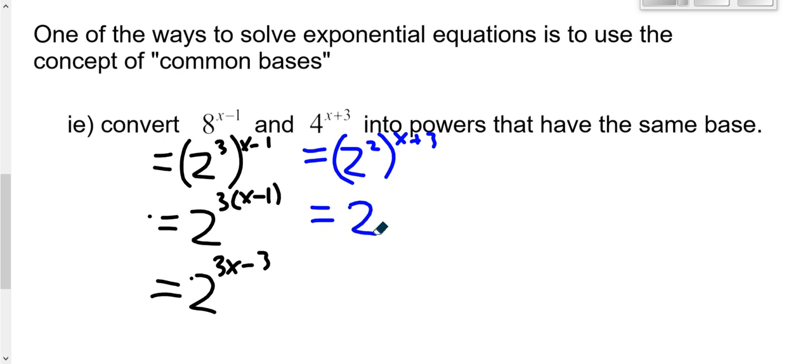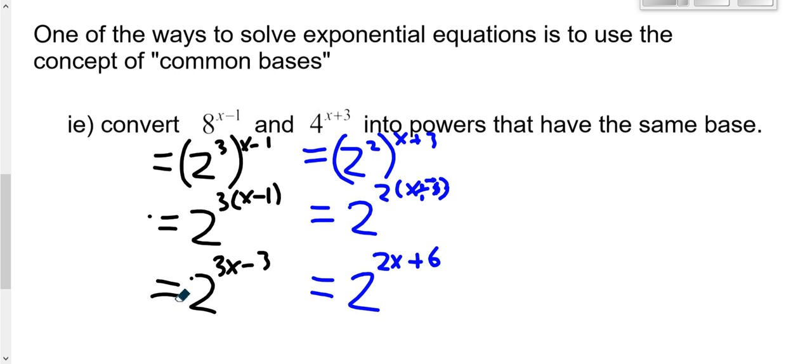So 2 raised to the power of 2 times x plus 3, and then you distribute this, multiply the exponents. So 2 times x gives you 2x, and then plus 2 times 3 gives you 6.